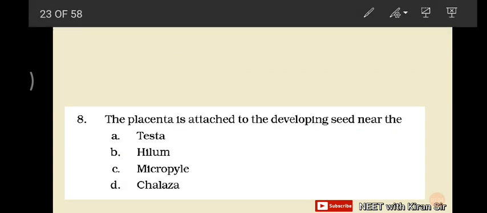Next one. The placenta is attached to the developing seed near the chalaza. Look at the seed.